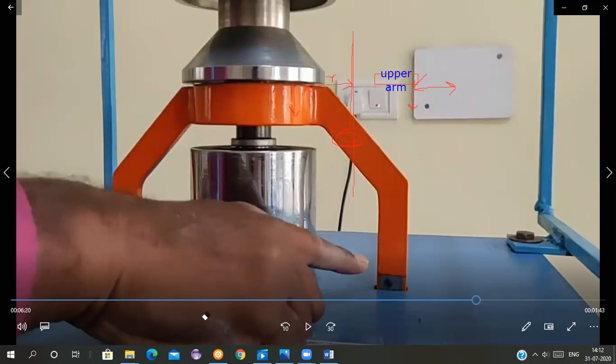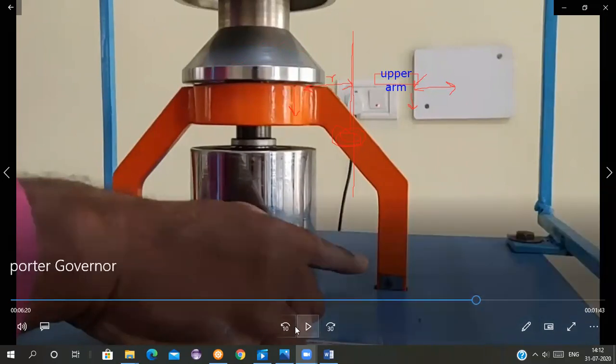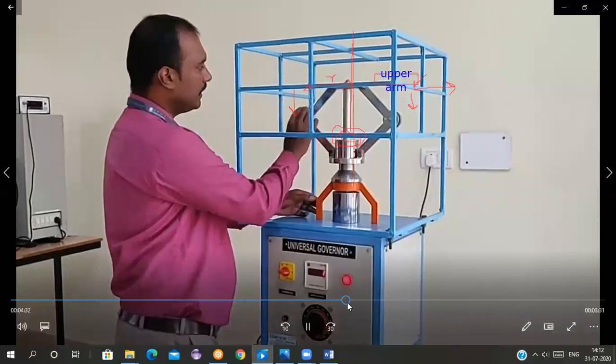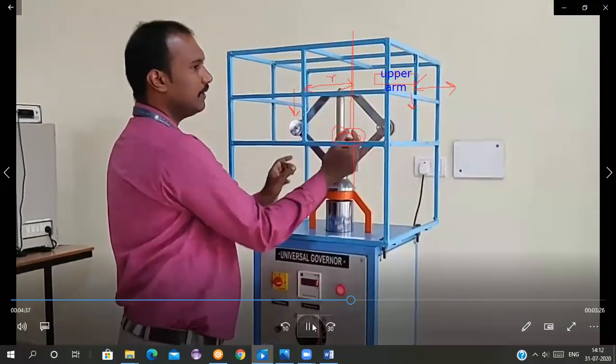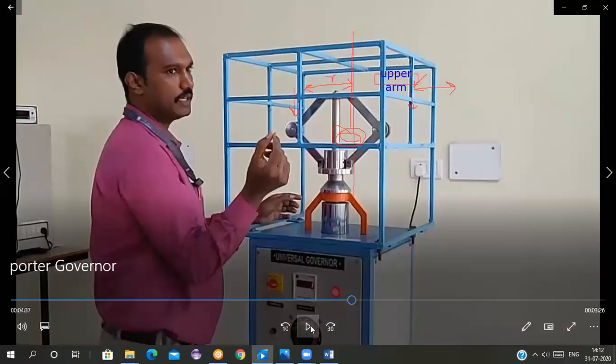In this practical, I will go with the more practical approach only, because theory has been taught to you. See, we have to take different speeds.